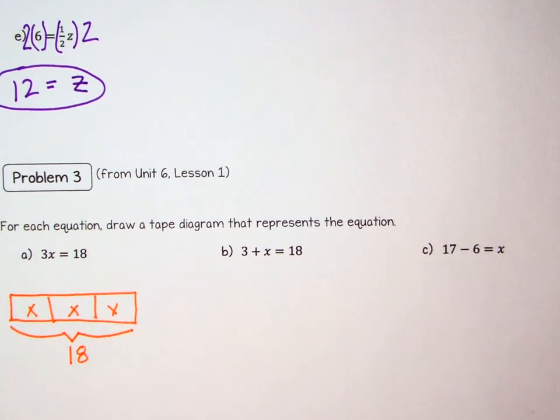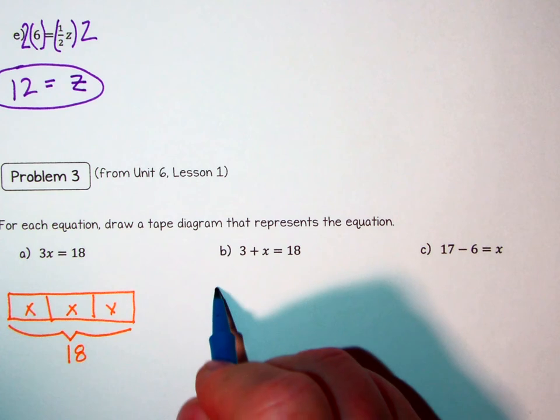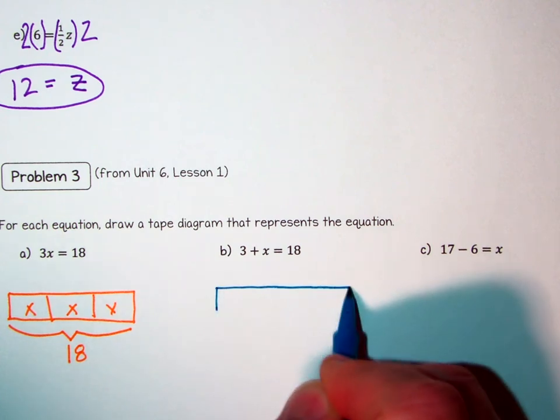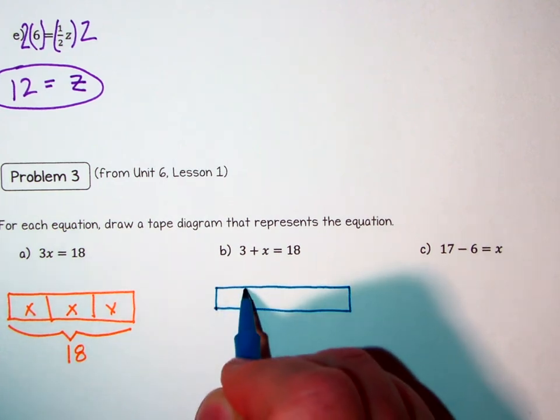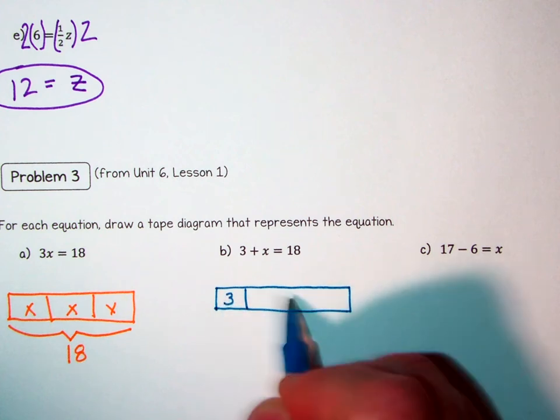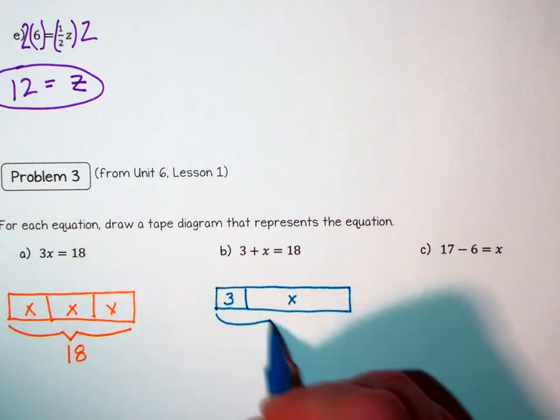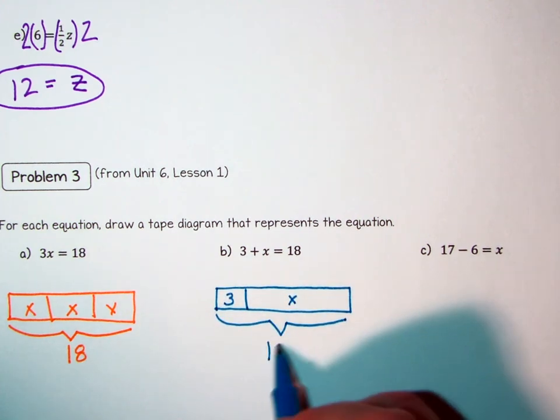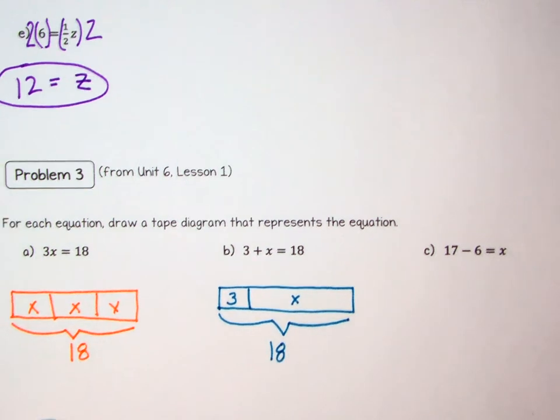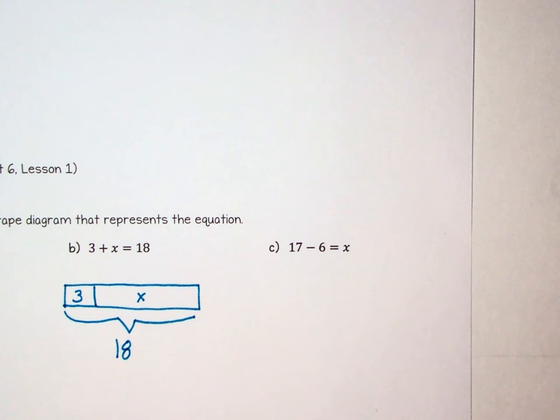That's pretty easy, I think. 3 plus x equals 18. So now I've got a tape diagram that is combining 3 and x and has a value of 18. So also not too tricky. But my last one, 17 minus 6 equals x.